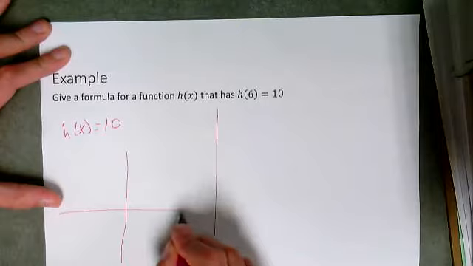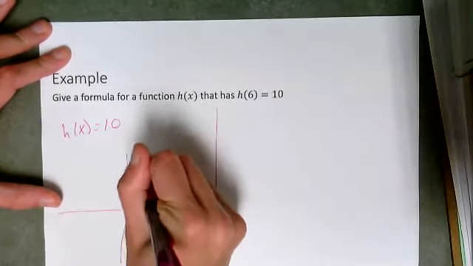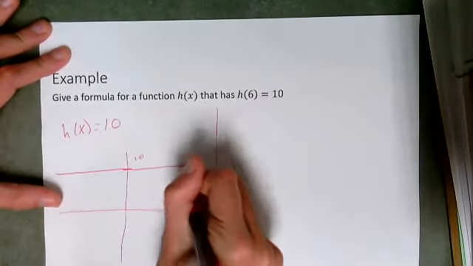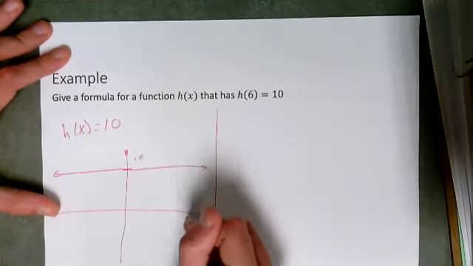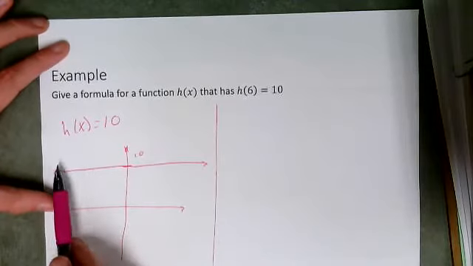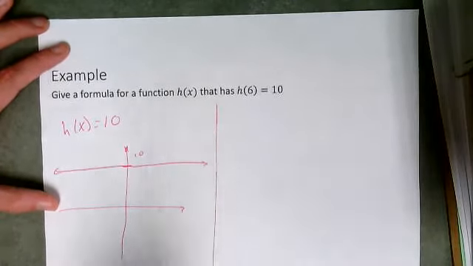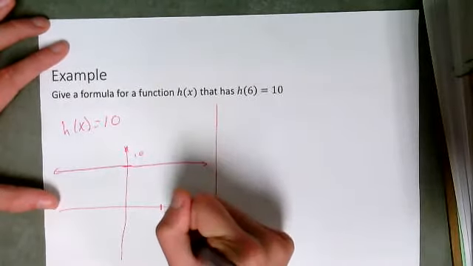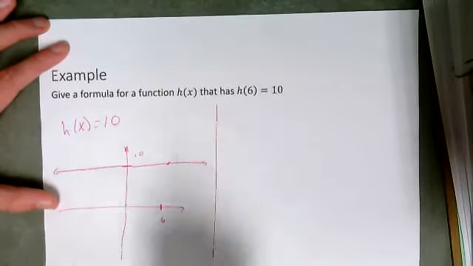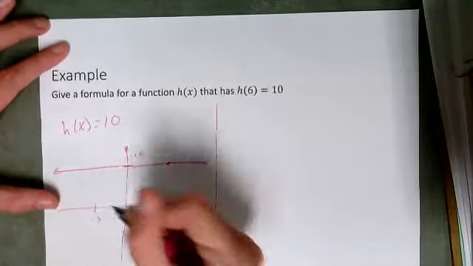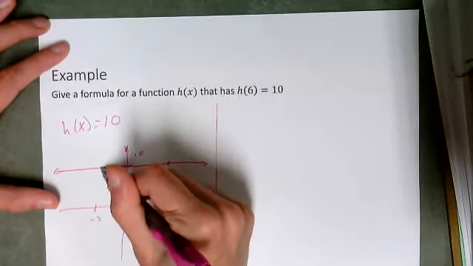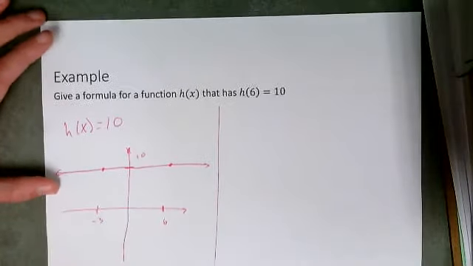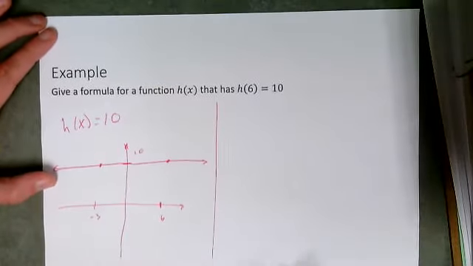This is the function, I'm just going to draw it out. So this is the constant function, the horizontal line, 10. So if I plug in 6, h of 6 is going to give me 10. My axes are way off, so ignore that. But if I plug in h of negative 3, that's also 10, right? So this is one example.